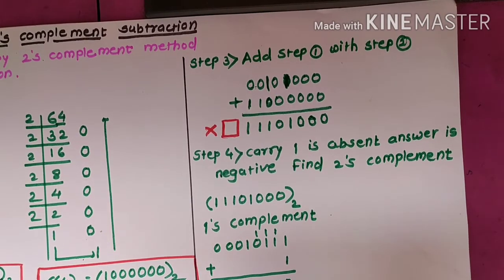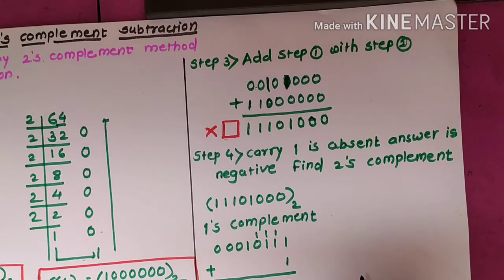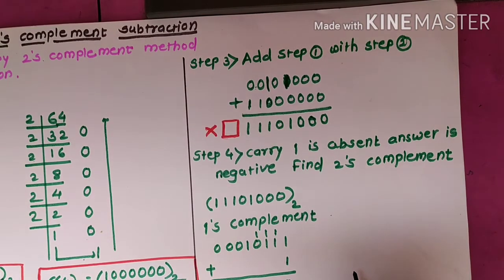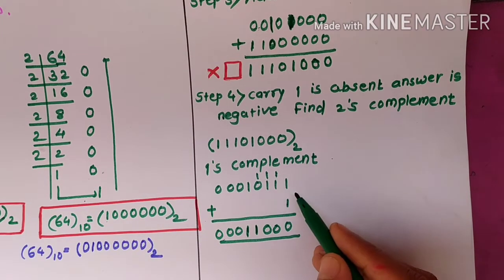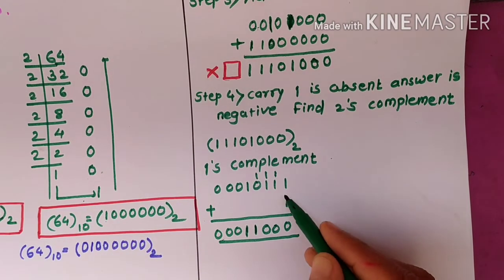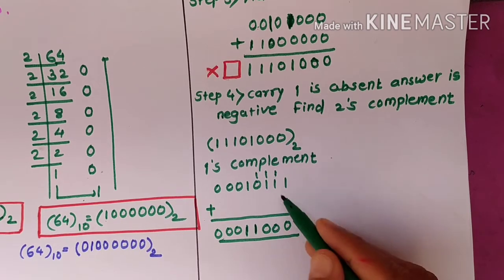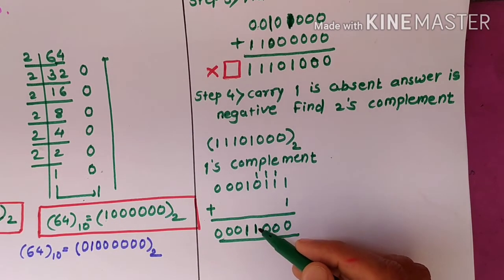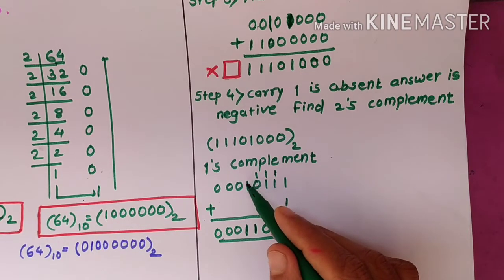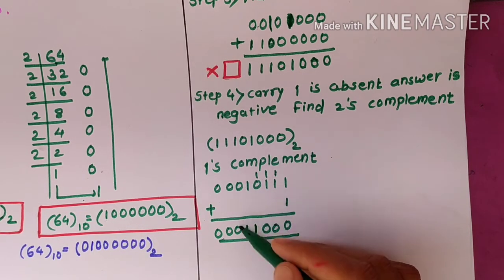Okay, so this is the correct answer. Is that clear, student? Okay, I repeat again. 1 plus 1 is 0, carry 1, 1 plus 1 is 0, this carry 1, 1 plus 1 is 0, carry 1, 0 plus 1 is this 1, again 1 plus this 1 as it is, 0 0 0.